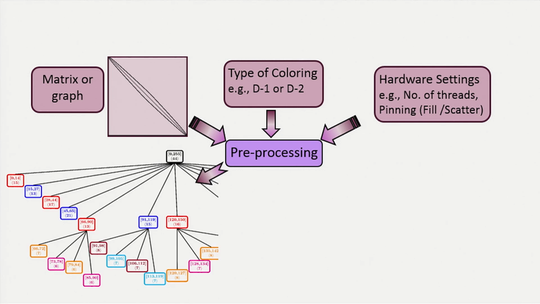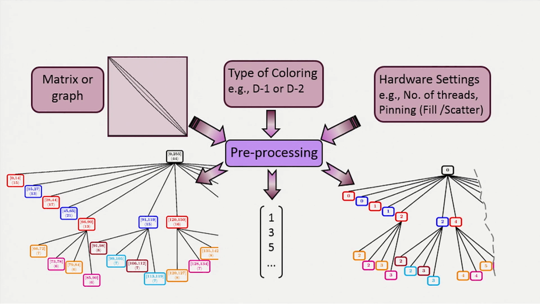The library then internally generates a tree which stores the information on the level groups at each stage of the recursion. It then gives out a permutation vector and the user just needs to permute the matrix according to this vector. The RACE library also internally creates a pinned thread pool which can be later used in the processing stage.